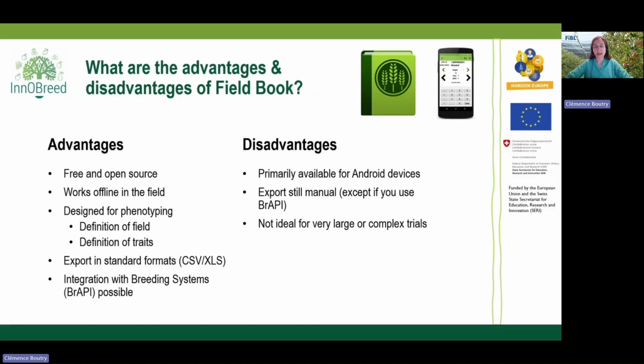And Fieldbook might not be the most ideal for very large, very complex trials with a large data set, a large amount of traits, or maybe where you need to be more flexible, where there is a lot of change from season to season, or for example, in breeding, when you need to access more data, so not just collect data, but also retrieve data, see what was this previous score in the past year, or what about information on the parents, things like this.